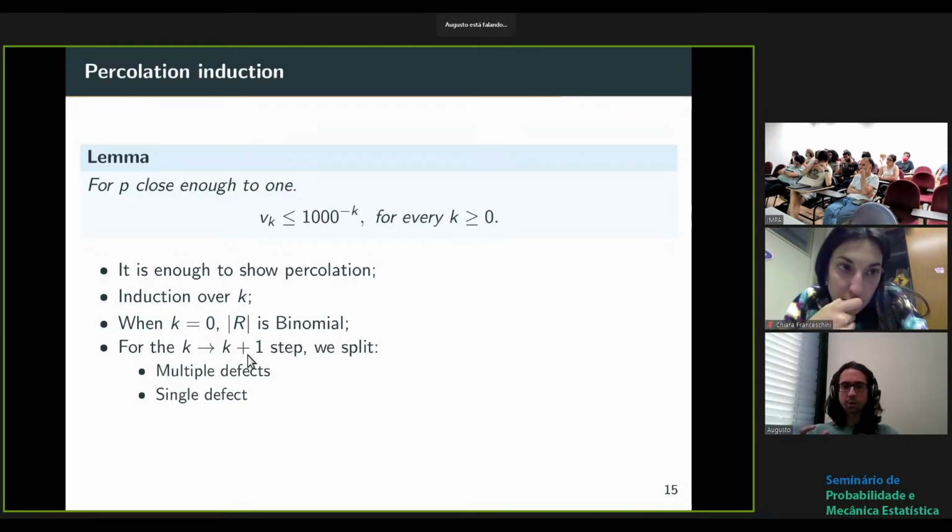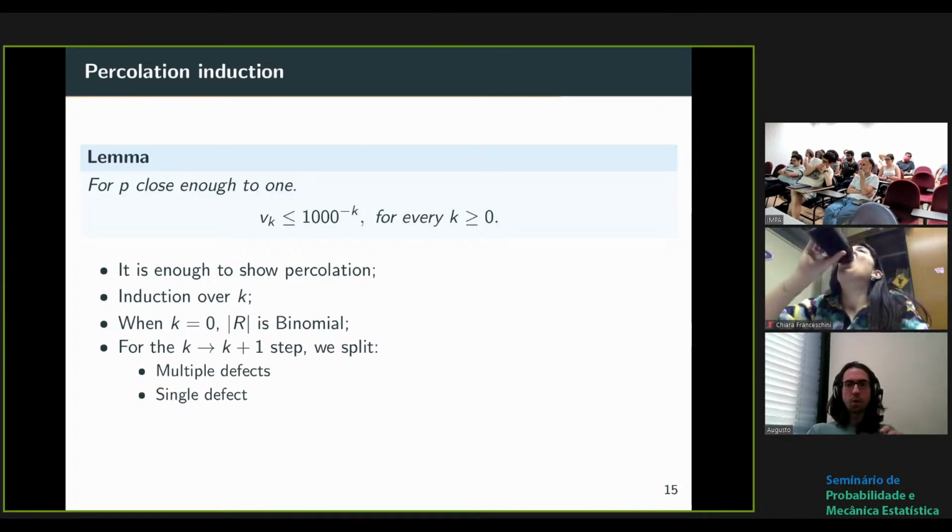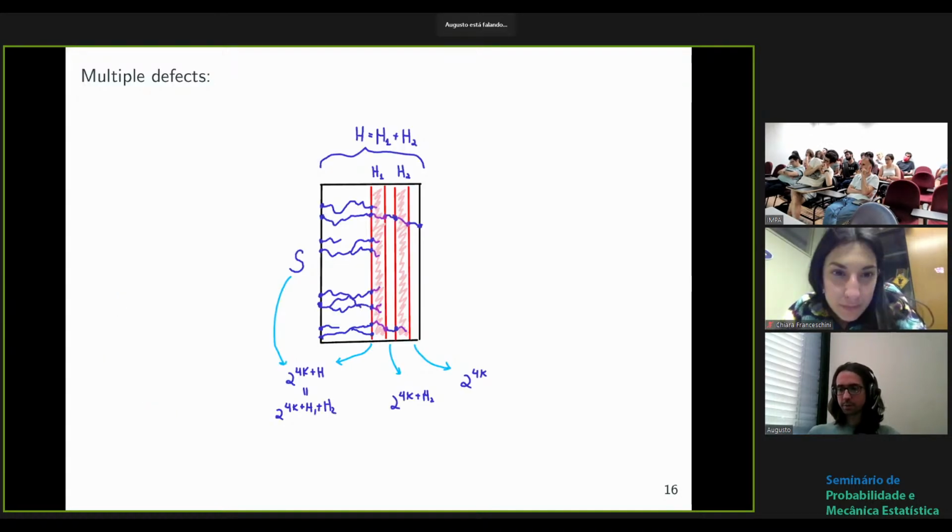So suppose that we know how to cross columns of width K. Can we cross slightly larger columns? So just as in the case of the environment, we consider two cases: either there is a single defect inside the box, then that's the healing, or there are multiple defects. Here again, we have to do this distinction. So we're going to consider multiple defects and single defects. So this is the case of multiple defects.